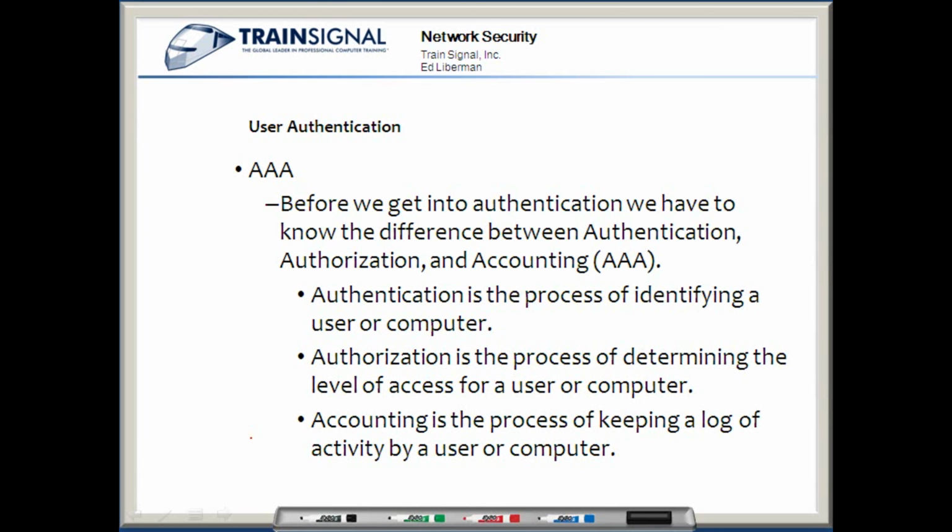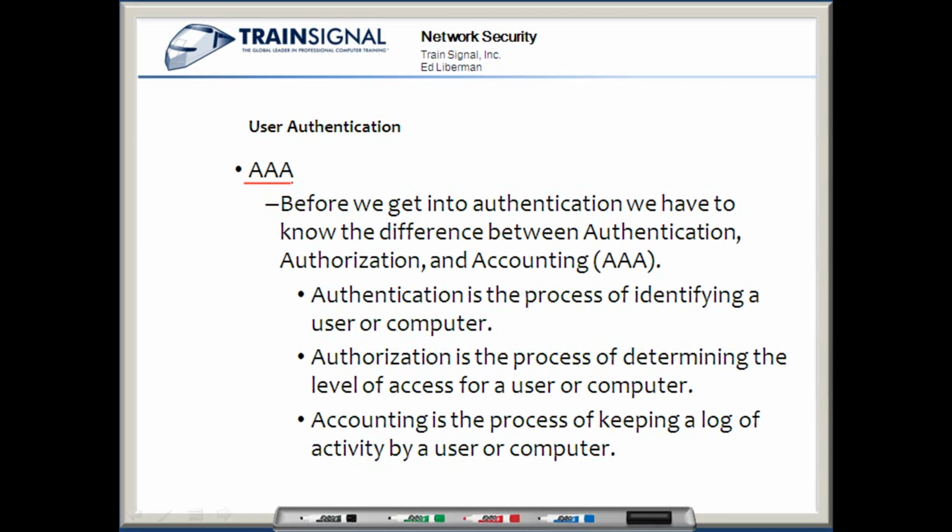All right, so now let's move along. Now that we've talked about firewalls and protection devices and network access security, let's talk about user authentication. We just mentioned authentication a couple of different times when we were talking about network access. But before we get into the specific authentication protocols, I want to talk to you about this thing called AAA.